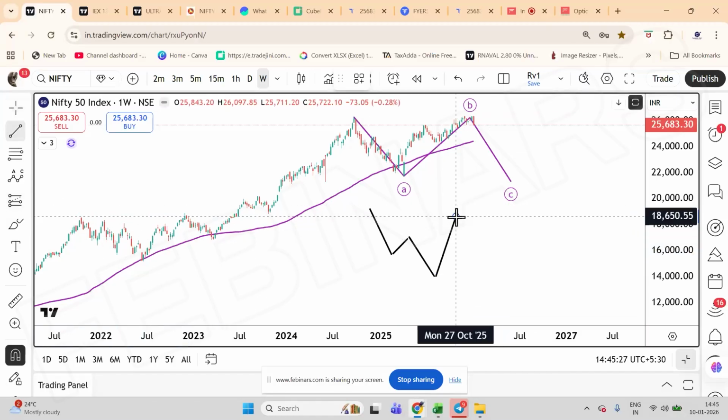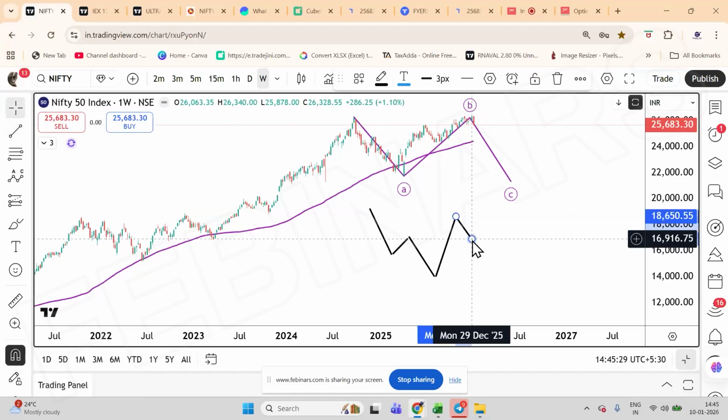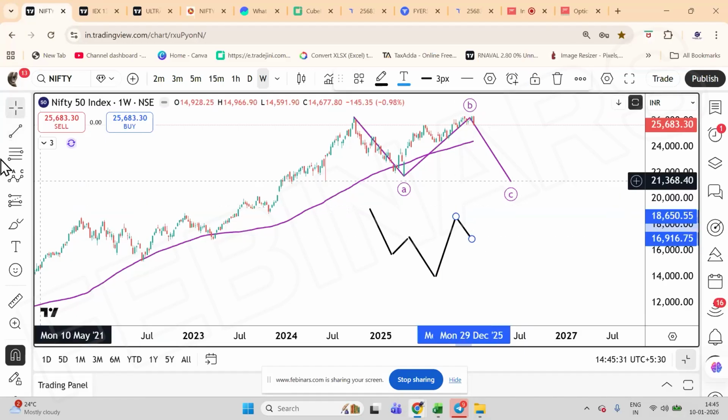We call it a 3-3-5 flat correction. This is what is happening with the markets.